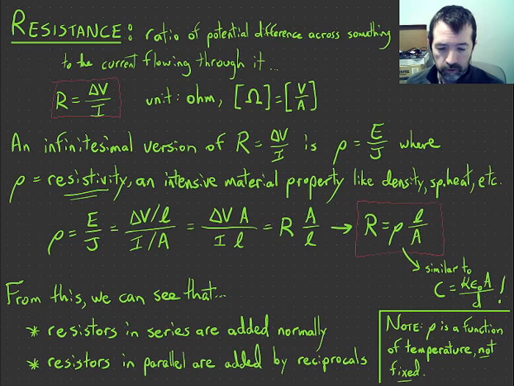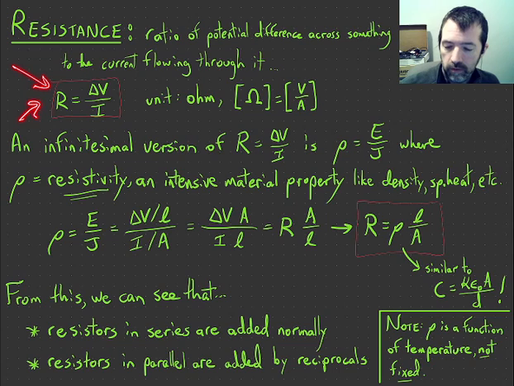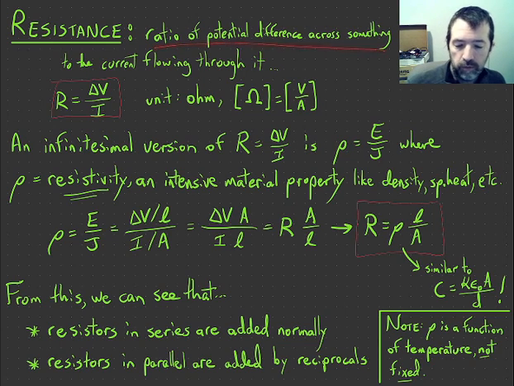Okay, so that's current. A closely related idea is resistance. Mathematically, this formula right here is your definition for resistance, V over I, or delta V over I. Conceptually speaking, this is the ratio of the potential difference that you apply across some object to the amount of current that flows through that object.